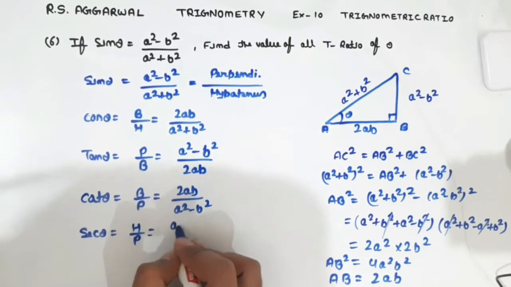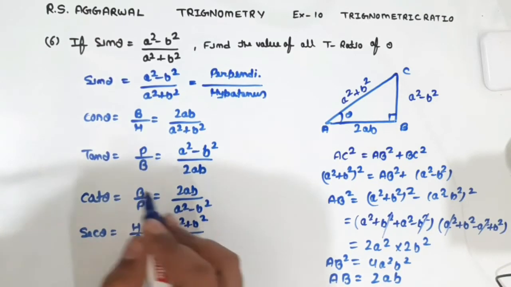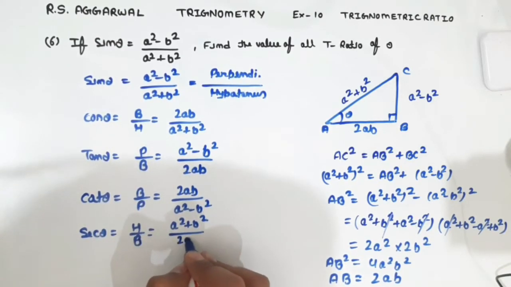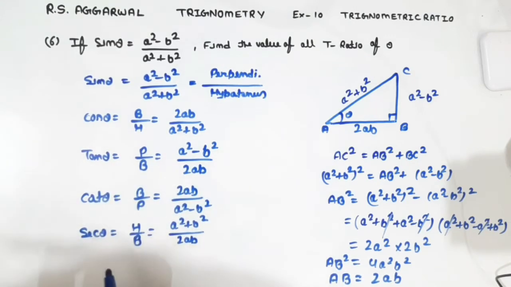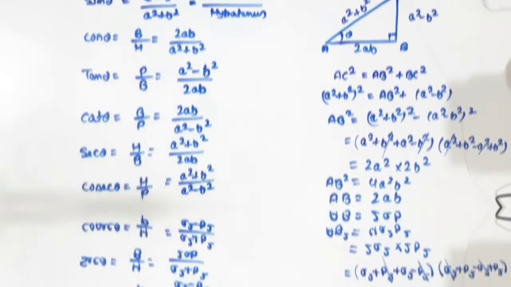So our hypotenuse is A square plus B square and base is 2AB. And at last cosec theta, that will be given by hypotenuse upon perpendicular. So that will be equal to A square plus B square upon A square minus B square.